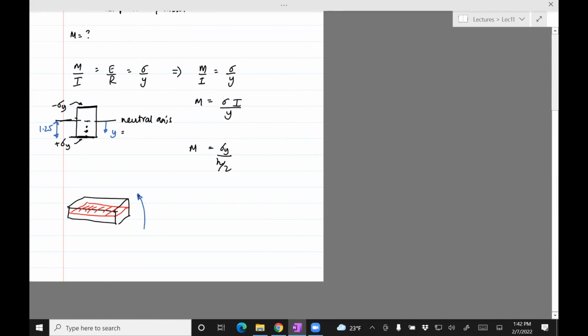The moment is like this. When you say this moment is in this fashion, what you really are doing is, so this is the z-axis, the x, the y.